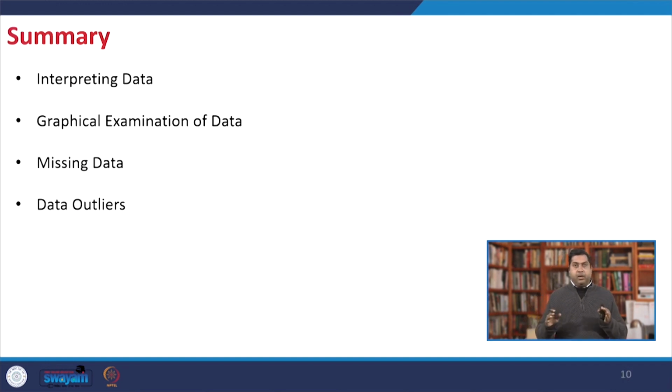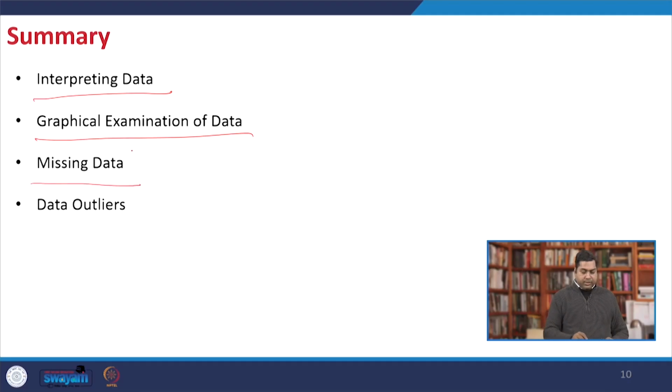So, with that we conclude this lecture, where we understood the role of interpreting data before going for formal analysis: graphical examination through frequency diagrams like the histogram or the stem and leaf diagram, a scatter plot, or the box plot, where we can discuss the minimum value, maximum value, median, etc. We also discussed the role of missing data and what to do with it, and then data outliers, which also play a significant role in altering your results.